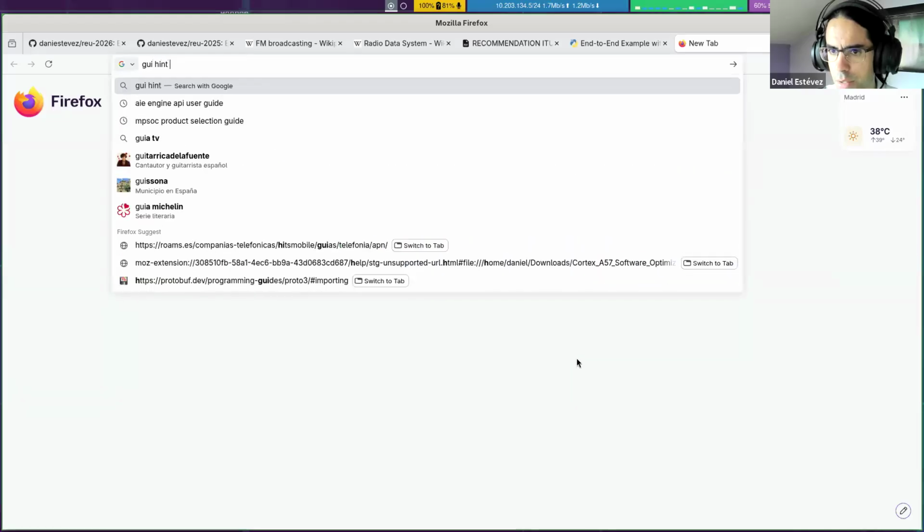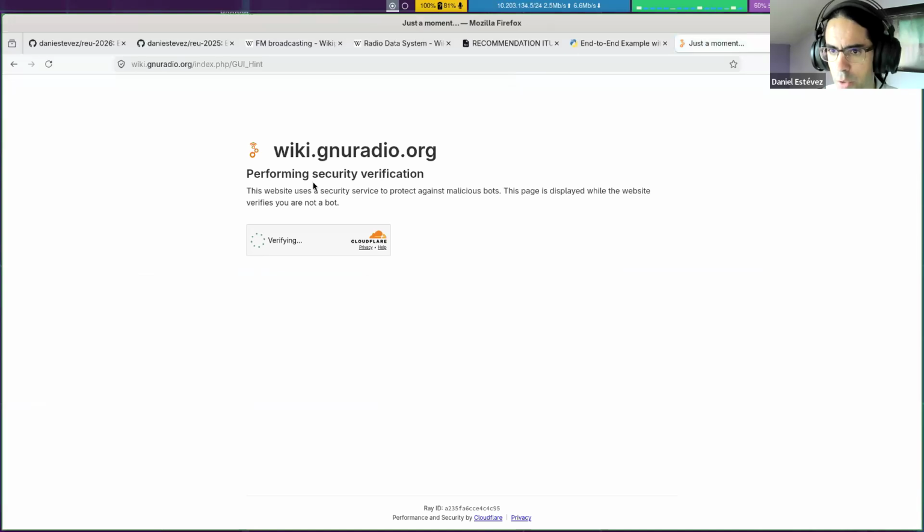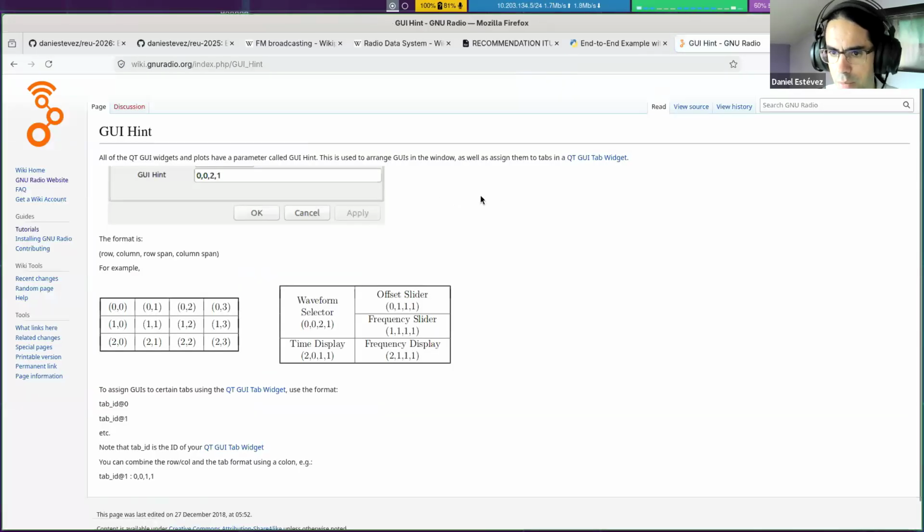Let me just Google this. If you Google for GUI hint, GNU Radio, you can see these are like coordinates of a matrix. For example, if we want to have 4 columns and 3 rows, we could label things 0, 0, 0, 1, 0, 2, etc.